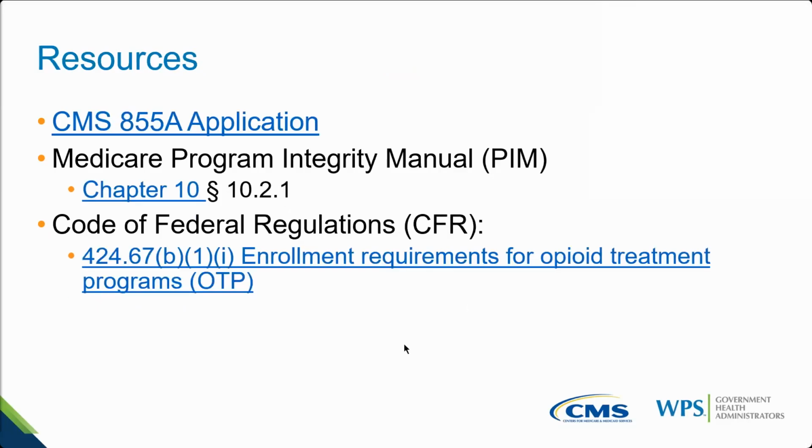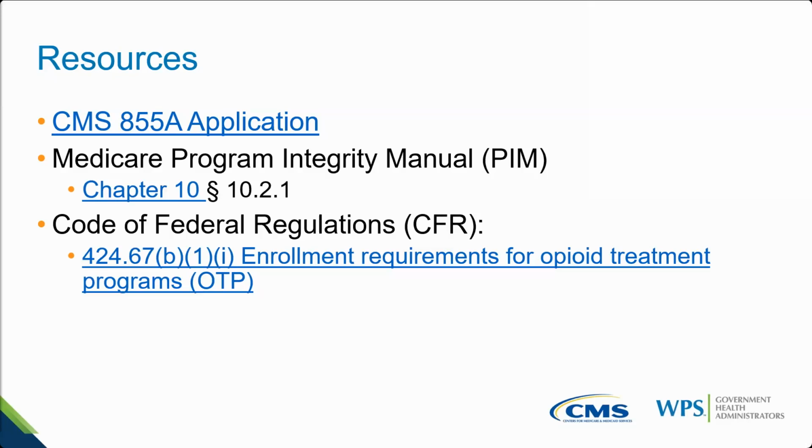And on this slide, I'm just providing you with some resources that'll provide a little bit more information on the 855A. There is a link to the template, but I'm also including some base information in the Program Integrity Manual, Chapter 10, that goes into a little bit more detail. You'll notice there will be subsections when you go into 10.2.1 that actually include how to fill it out for specific specialties and provide some more information there.